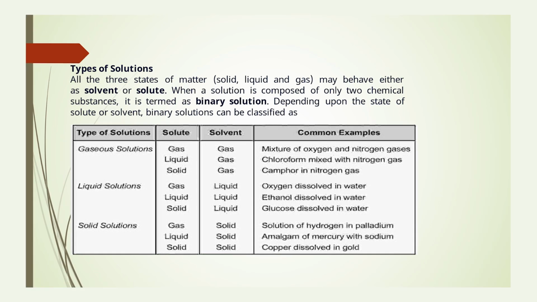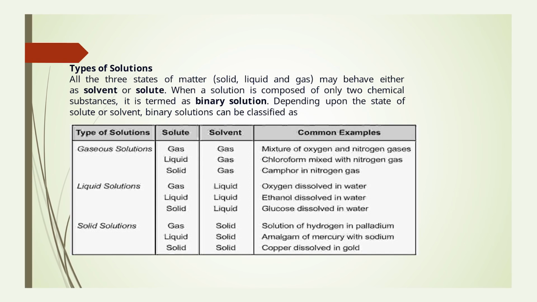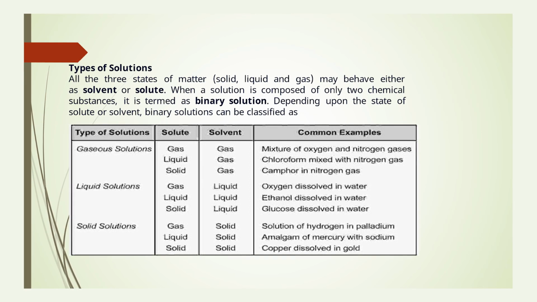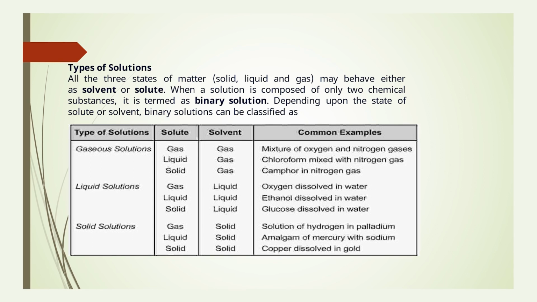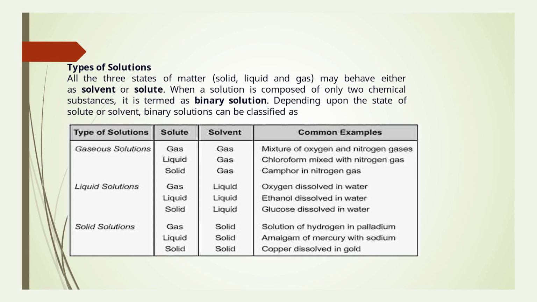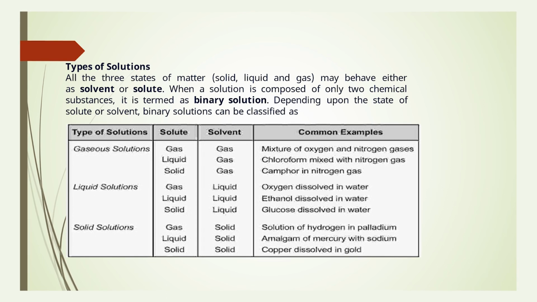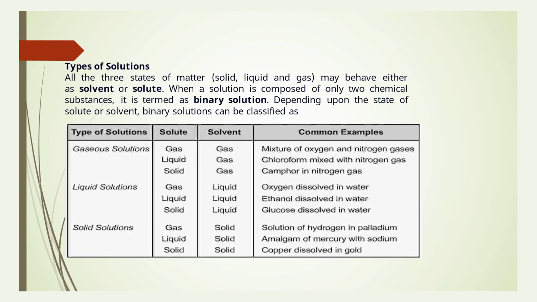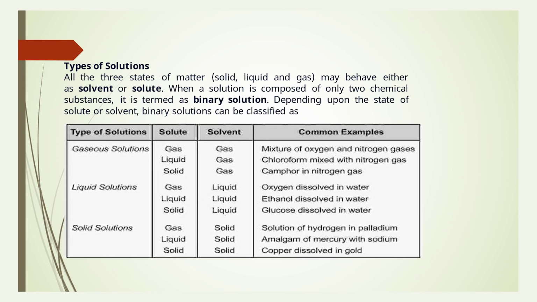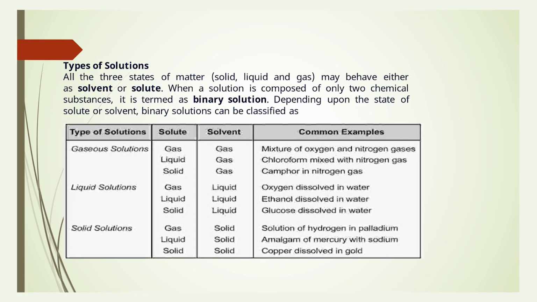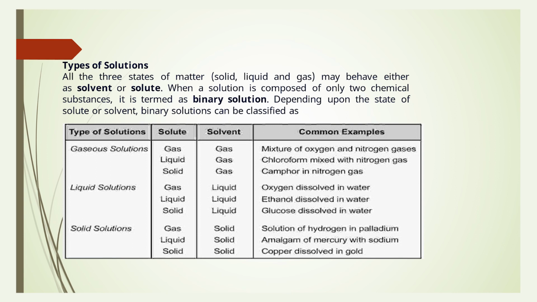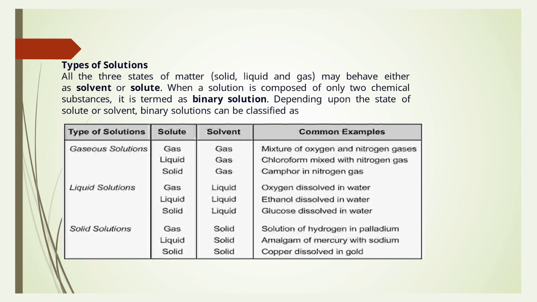In the beginning, we have seen various solutions. Now, we will learn about 9 types of solutions. Let us discuss one by one. First, gas as solute in gas as solvent. Example, air. Second, liquid as solute in gas as solvent.